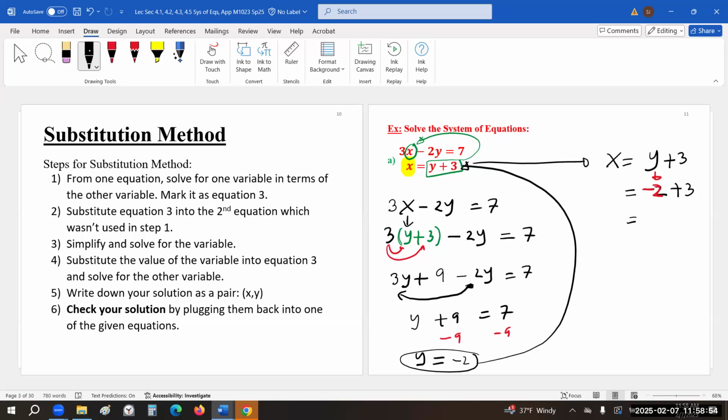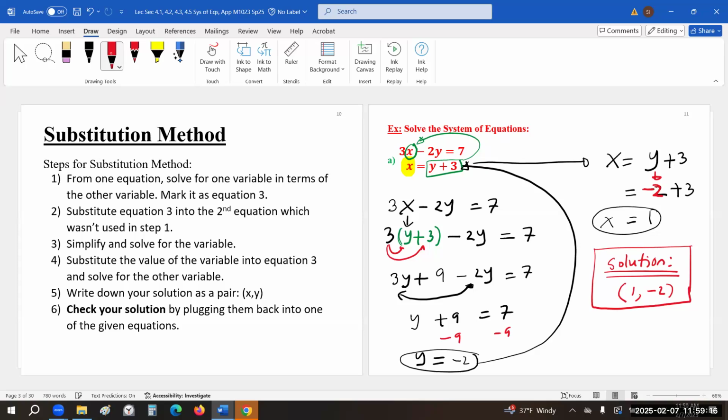How much do we get? 1. And now we are happy. We have an x value, we have a y value. So we put them together in point format to give the answer. So the solution is (1, negative 2). That's all you have to do.